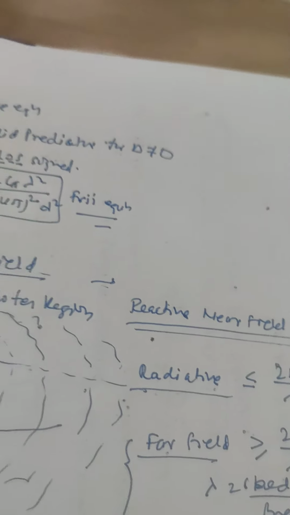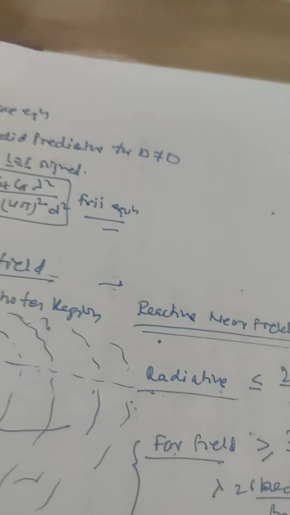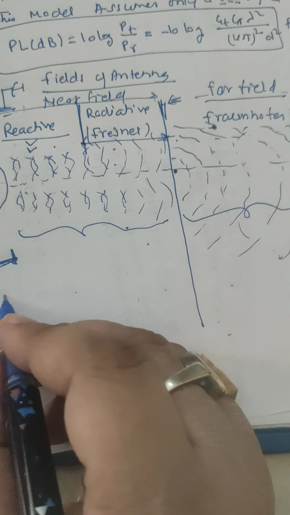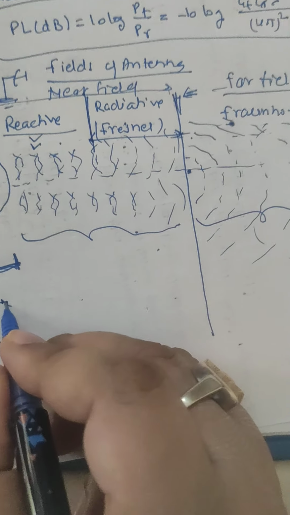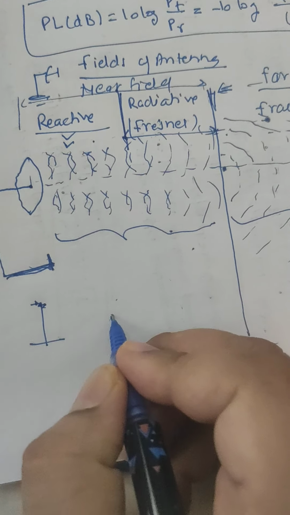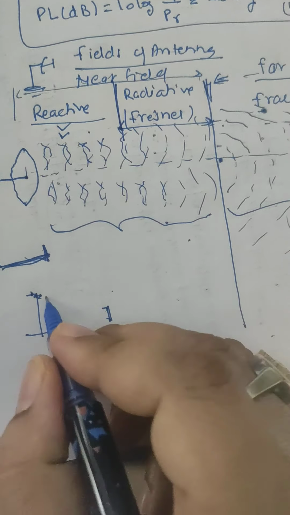So the drawback of this model is that it assumes only the direct line of sight: only the waves which transmit from here come to the receiver and fall directly on it. This is called line of sight. No other means, such as reflected or diffracted waves, are considered in this free space model.